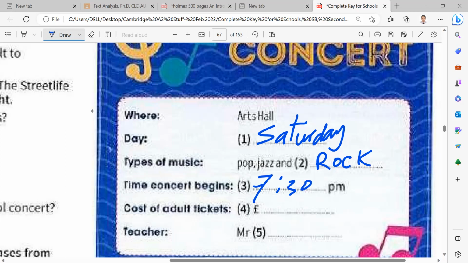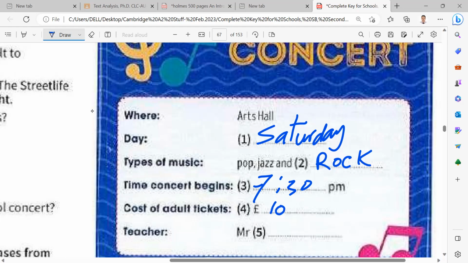Okay, cost of adult ticket. How much? 10 pounds. Yes, 10 pounds. And for students, do you remember? Free.